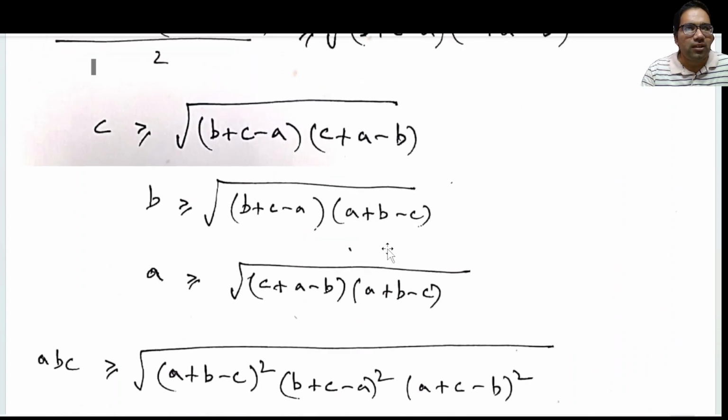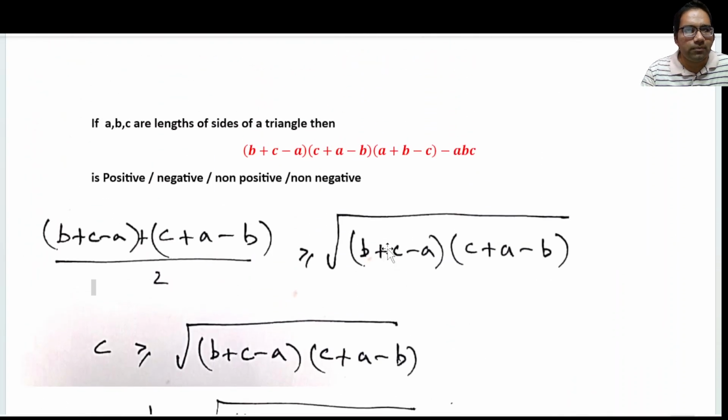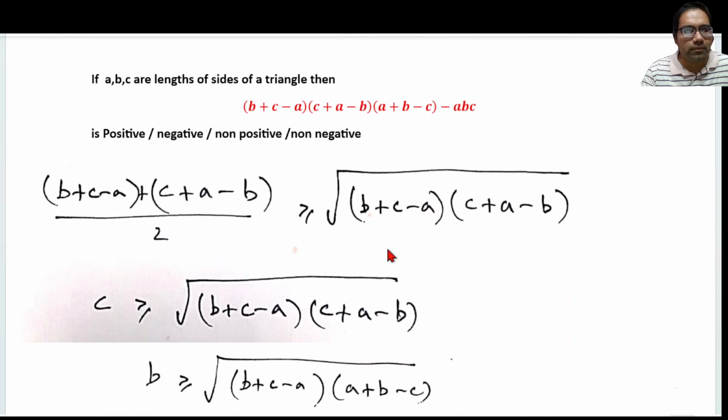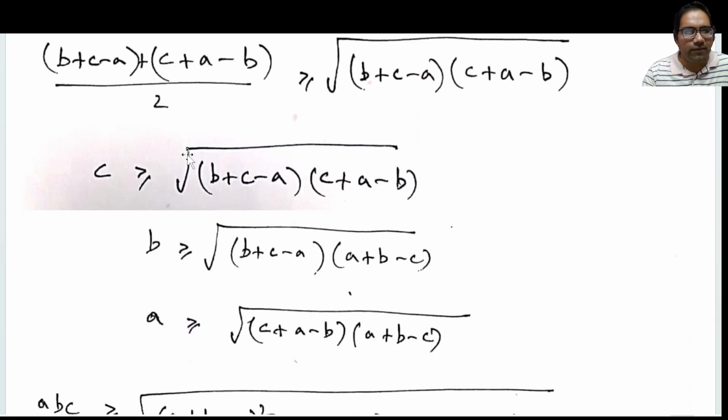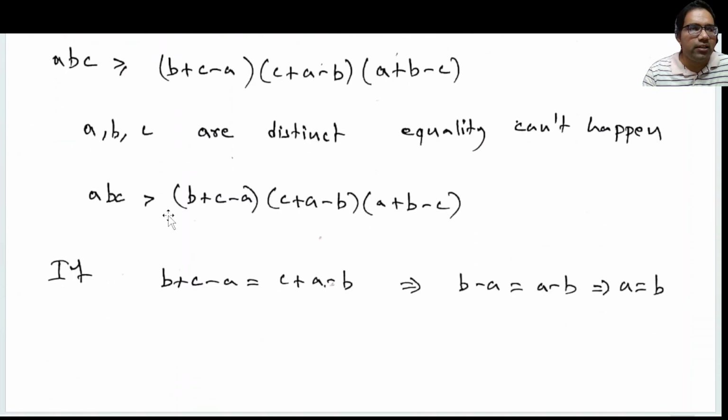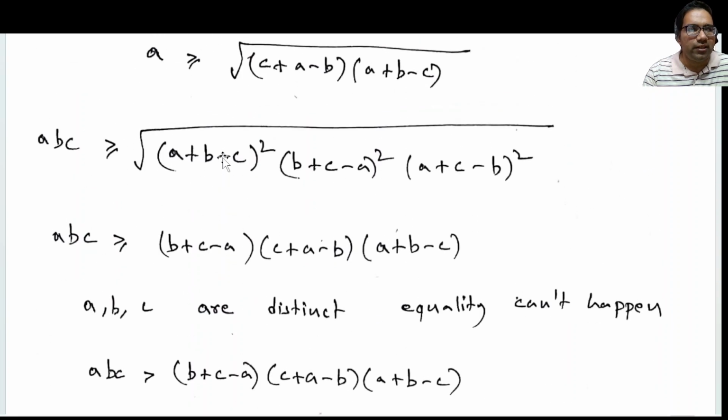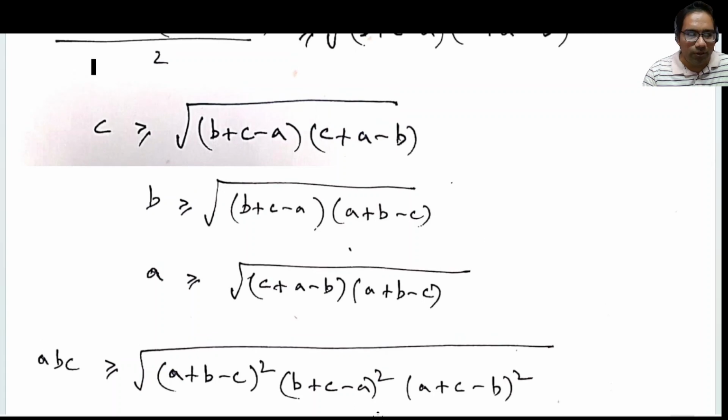But in the given problem, is there anything given about whether a, b, c are different? If a, b, c are different, all three sides are different, then it will be only that abc is greater than this thing. But if they are the same, then equality can hold, right?